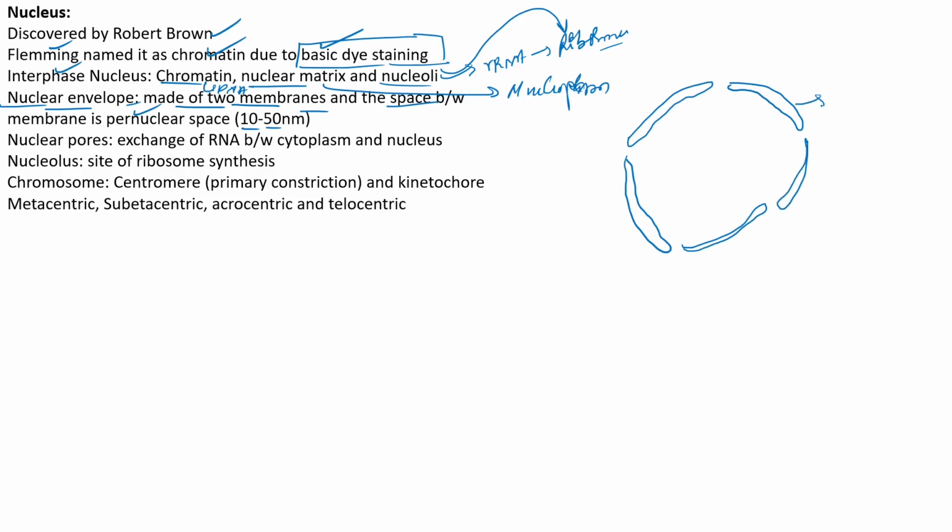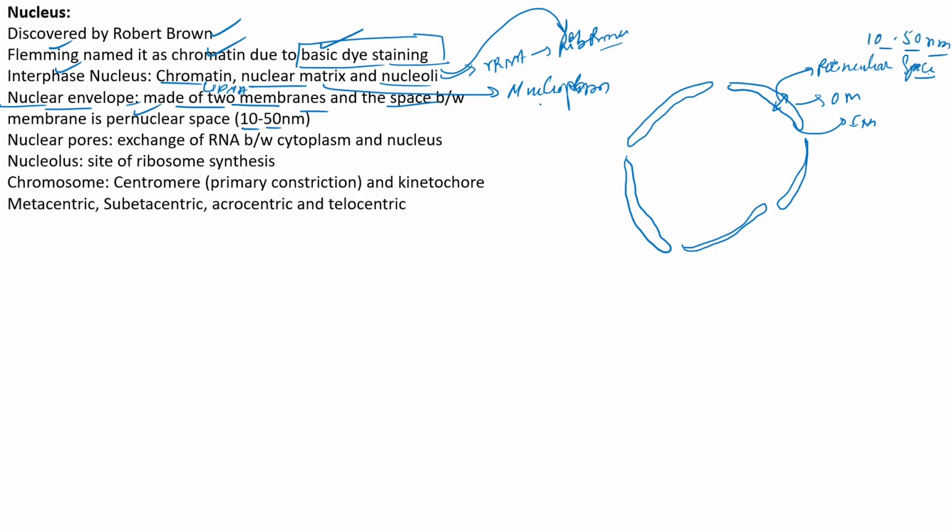This is an outer membrane and this is an inner membrane, and this distance between the two membranes is called the perinuclear space, which is around 10 to 50 nanometers.